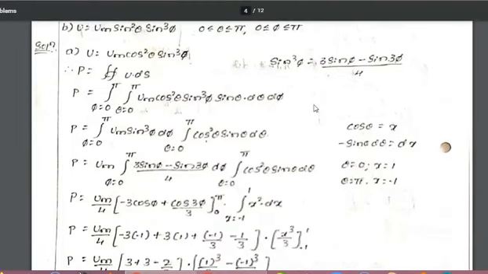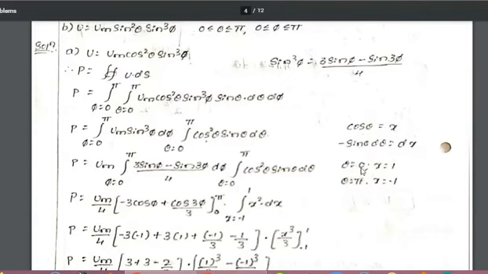Regarding phi, 0 to pi, and theta is equal to 0 to pi. Um cos square theta sin cube theta, the solid angle sin theta d theta d phi. Now let us put cos theta equal to x. Then minus sin theta d theta is equal to dx.